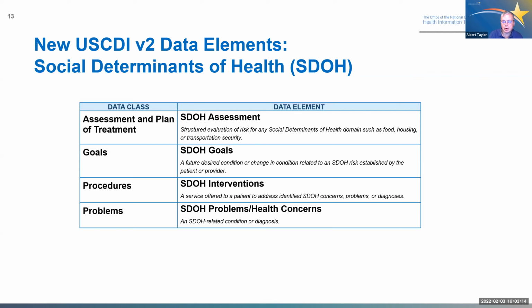USCDI version 1 already had these data elements, or some version of them, but recognizing the importance of focusing on SDOH issues, we felt it was important that this version of USCDI include these data elements, so that systems would be able to collect not just assessment data, but also specifically SDOH assessment data, so that information could be understood and semantically interoperable between systems, along with being able to measure the evaluation of SDOH in clinical settings.